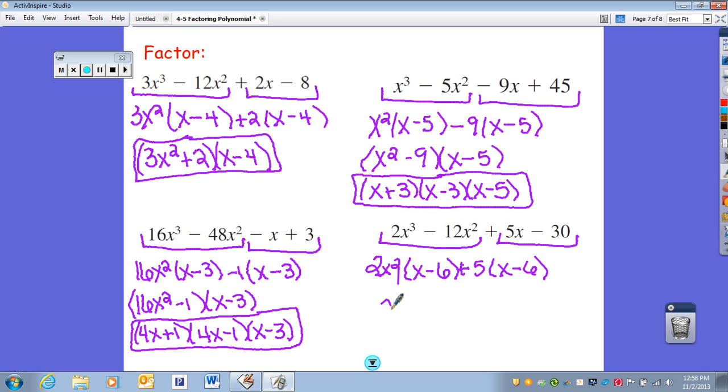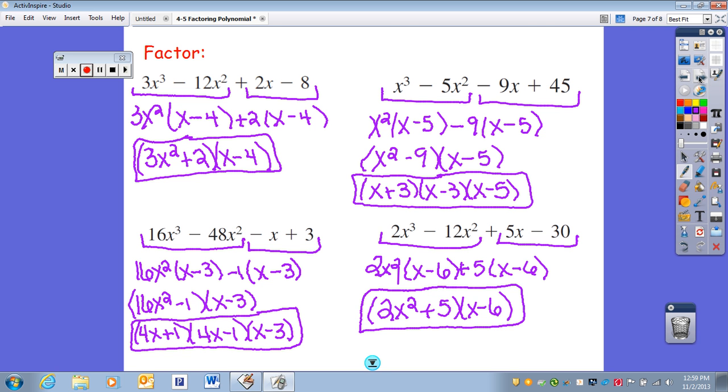When we combine our monomial factors to create our first binomial, we have 2x squared plus 5, and then we have x minus 6. Even though this is an x squared, which is a quadratic, and that would give us a hint to continue factoring, we only have a binomial, and it is a sum, so that cannot be factored any further. So that is our factors.